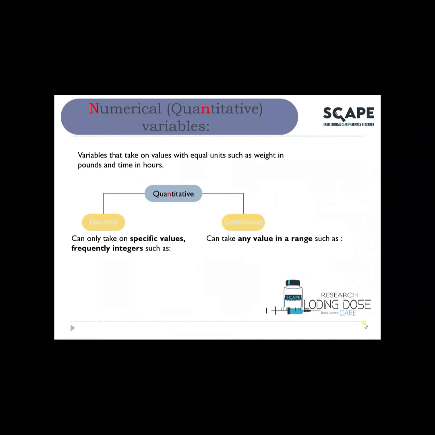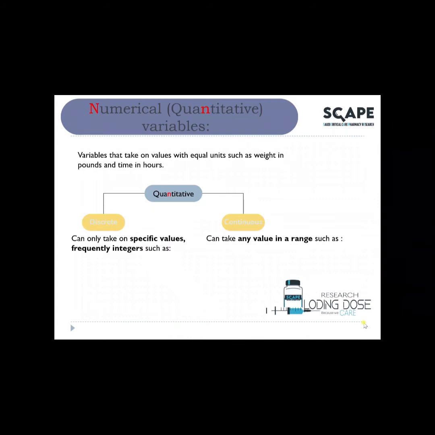The classification of data based on type is two: numerical and categorical variables. Starting with the numerical or quantitative variable, it has the same meaning. We can connect the two words to know that they have the same meaning, the letter N. So what is the numerical variable? It means the values are numbers with equal units, such as weight in pounds and time in hours.